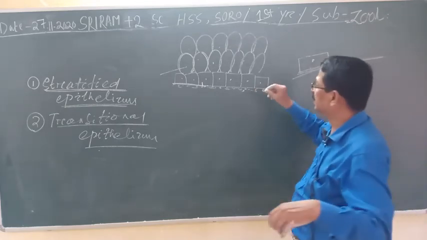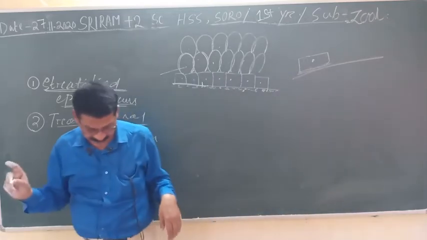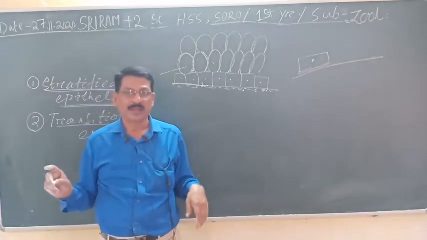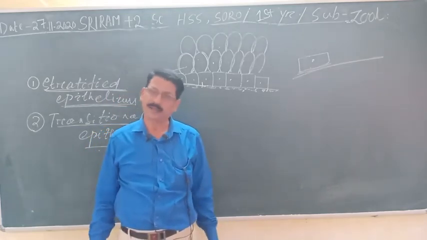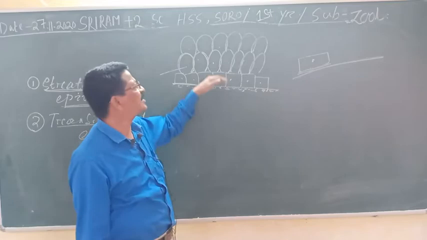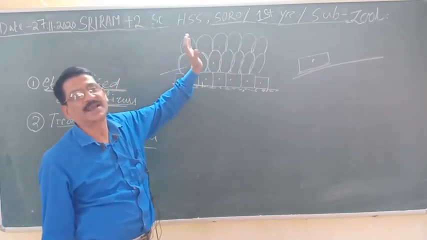Clear? So this is the transitional epithelium. Transitional means it is in between, that is, between simple and compound. Because it comprises only 2 to 3 layers of cells.